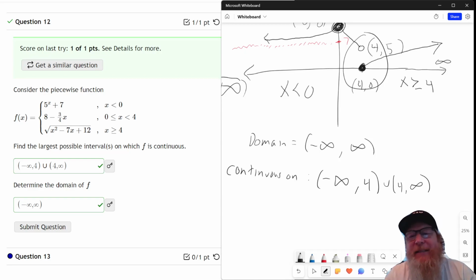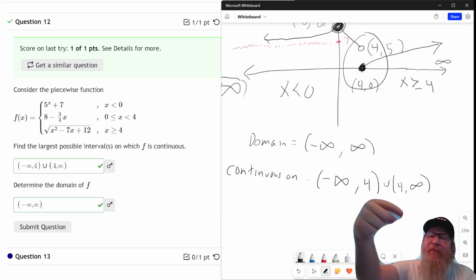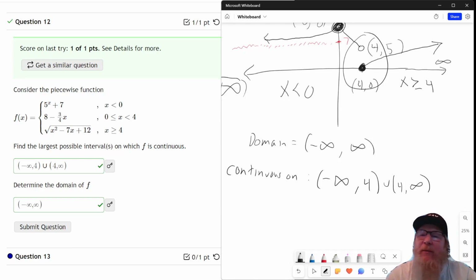And it goes back to the definition of the limit. Right? In order to be continuous, the limit has to exist. And if you have a solid dot on one side and then nothing on the other side, or perhaps an asymptote or a hole or something else, then that limit doesn't exist. And so it's always an open parenthesis.